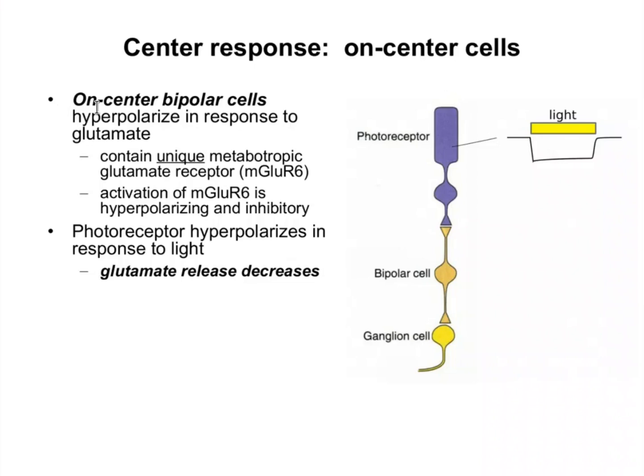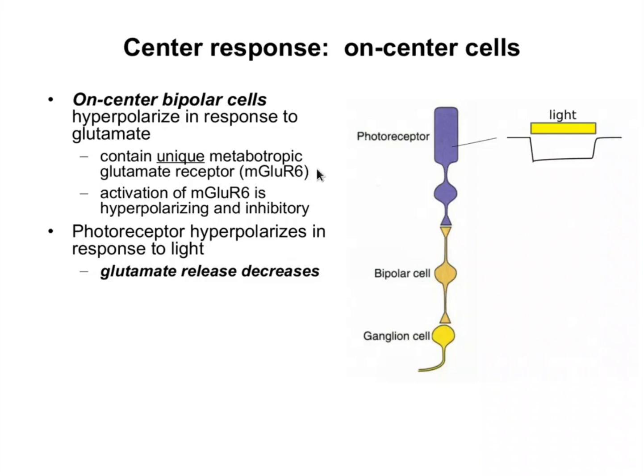This is a unique response to glutamate that we find only at synapses between photoreceptors and on-center bipolar cells in the retina. And this unique response depends upon a metabotropic type glutamate receptor that's uniquely expressed in on-center bipolar cells. Now, I've indicated that this is metabotropic glutamate receptor subtype 6.